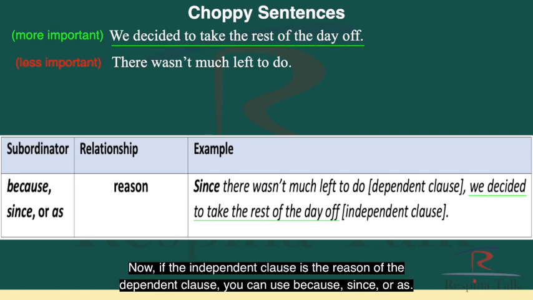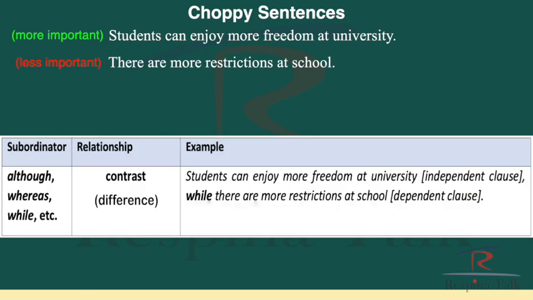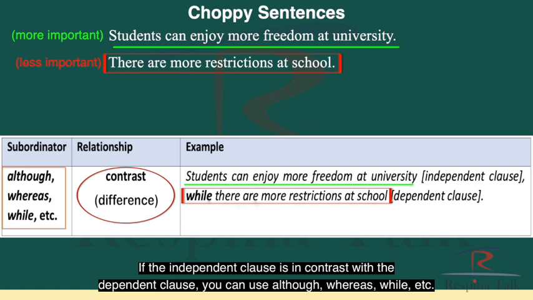Now, if the independent clause is the result of the dependent clause's reason, you can use because, since, or as. If the independent clause is in contrast with the dependent clause, you can use although, whereas, while, and so on.